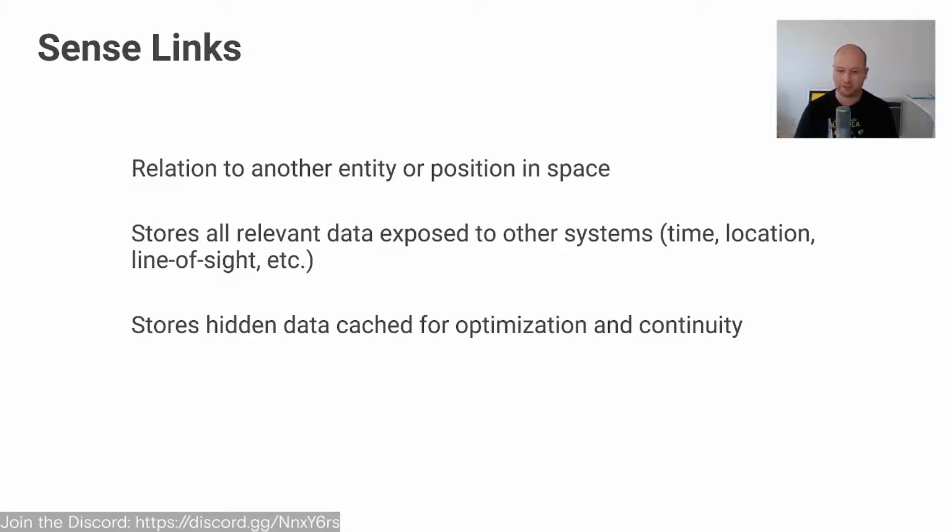It stores all the relevant information of the other systems, so you might not need access to the entire object. You just need to know where it is and what it's doing. It's almost like a design pattern, I forget the name, but it's not an adapter. It's almost like a decorator of some kind. It also stores hidden data that's cached for optimization continuity.